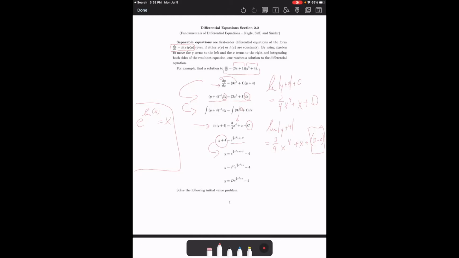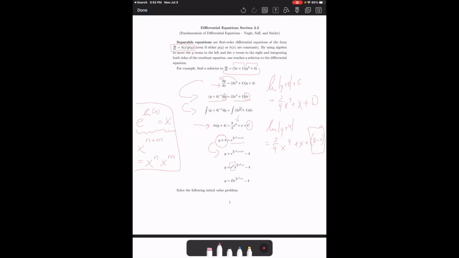I'll write another one of our rules here: x to the power of n plus m is equal to x to the n times x to the m. We're going to use that rule to take this e to the c term and bring it out as a factor.